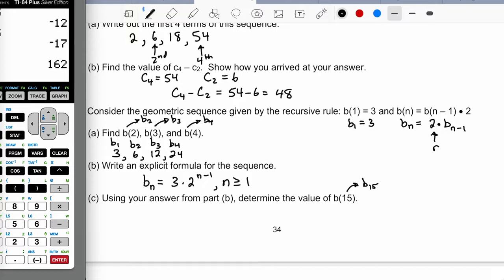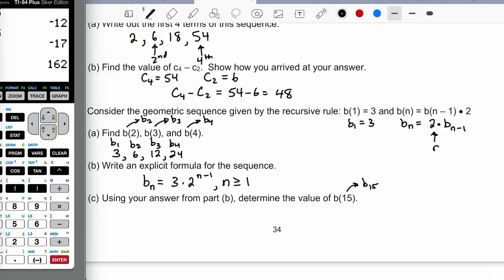Now they're asking us to find b sub 15. For larger values, it's probably better off to do it using the explicit formula, because I don't have to actually double, keep going down the line here until I get to the 15th term, although I could do that.